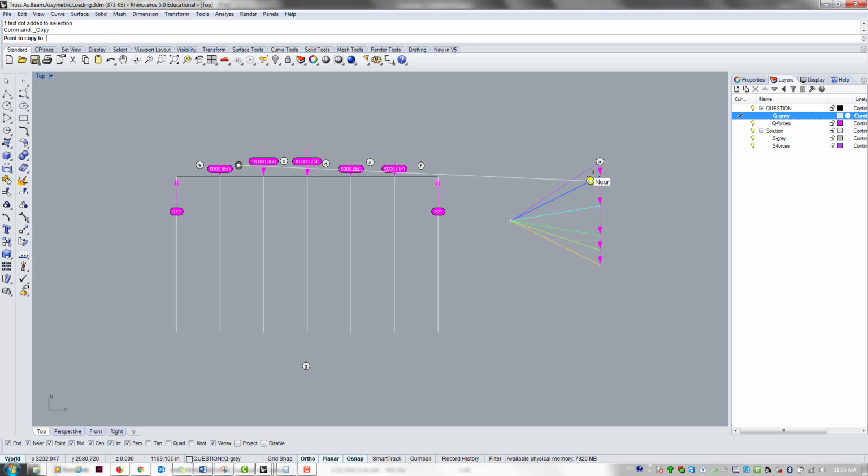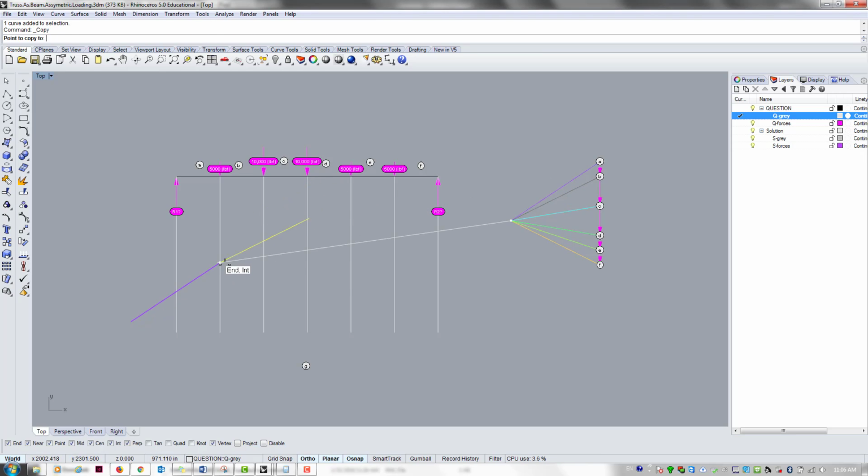So therefore you have A, B, C, D, E, F. Makes sense, right? And basically all of that, A, B, C, D, E, F, is supposed to happen here. So A is going to go here somewhere.